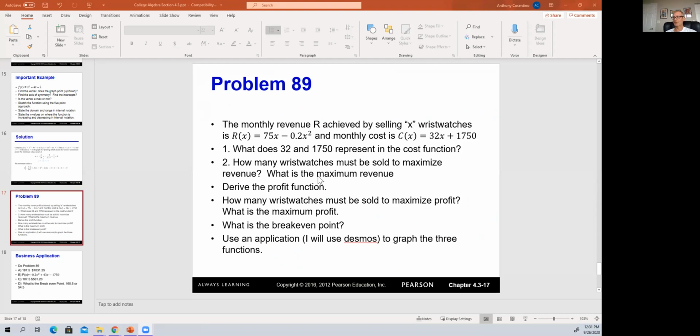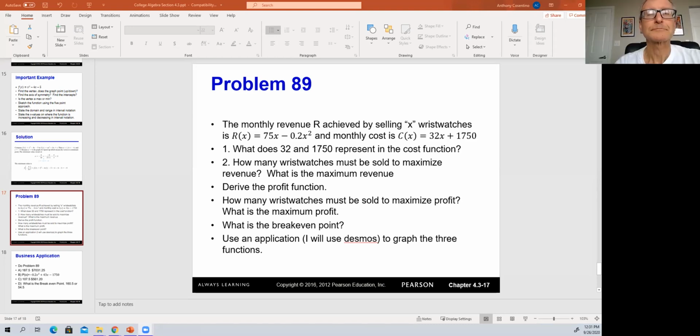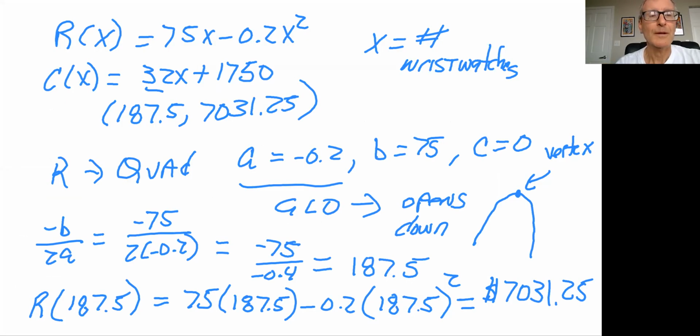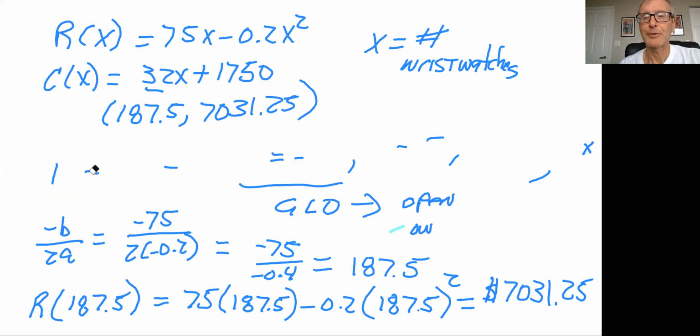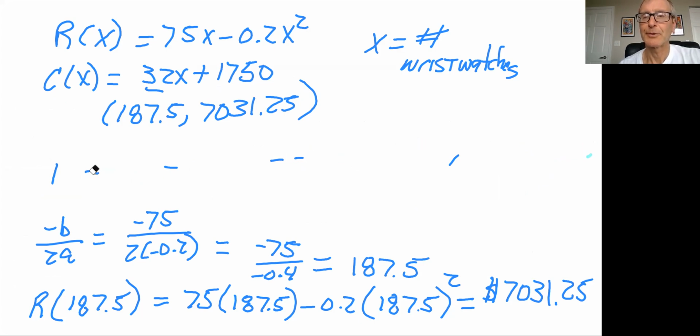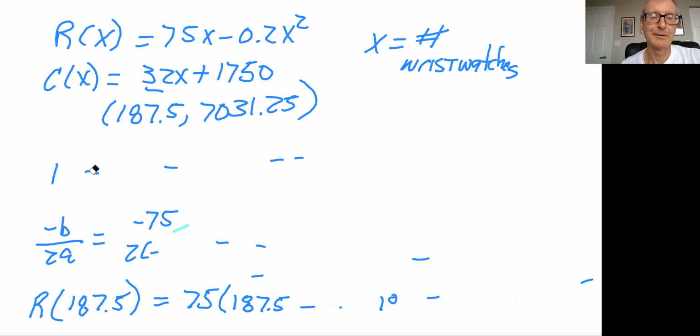And so question 3 states derive the profit function. So if we go up to the profit function, well, remember, profit is revenue minus cost. So what do we need to do with regard to this? Just do a little algebra.